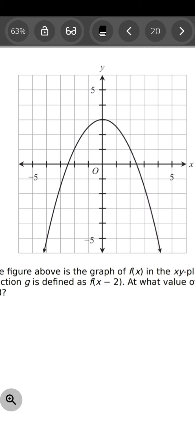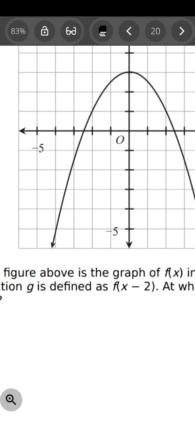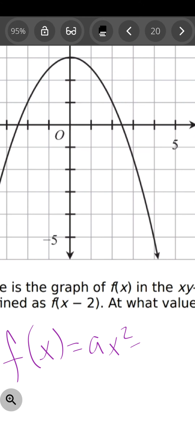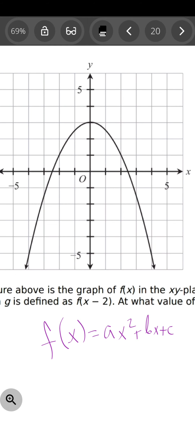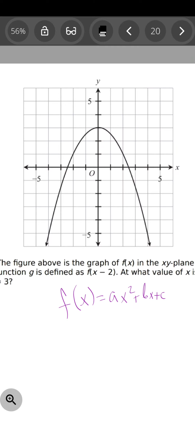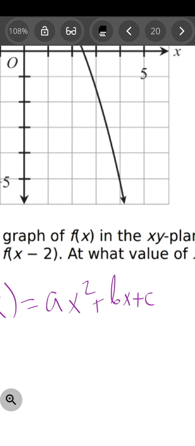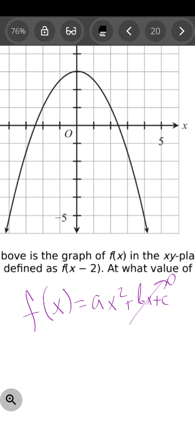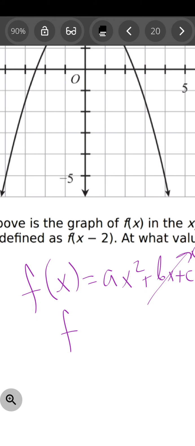So let's write the quadratic function f of x equals ax squared plus bx plus c. And in that graph, we see that this graph is symmetric along the y-axis. So for that reason, b must be equal to 0, and our function will be f of x equals ax squared plus c.